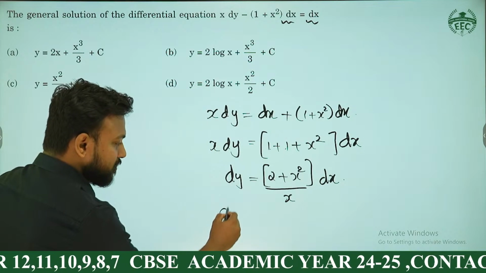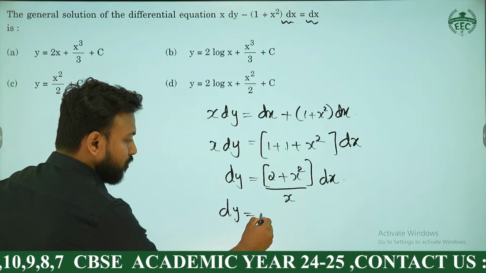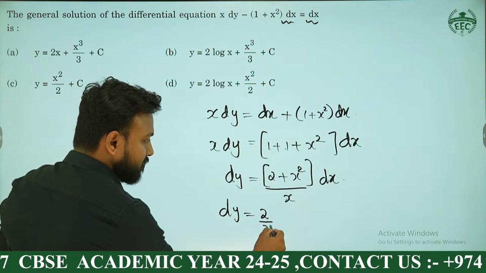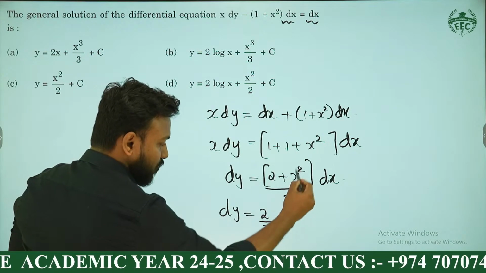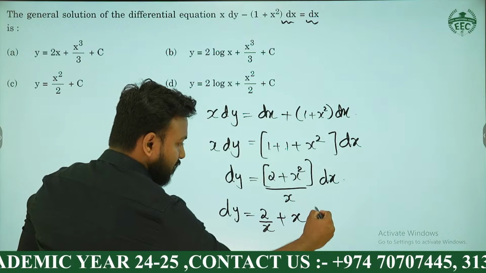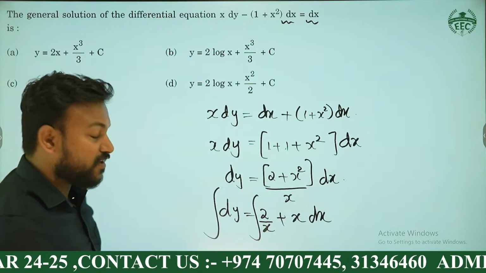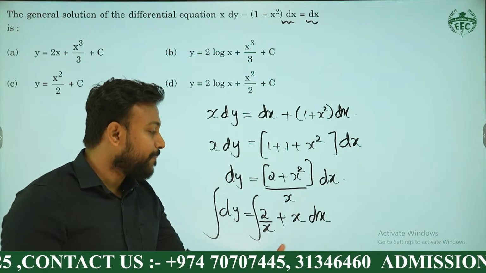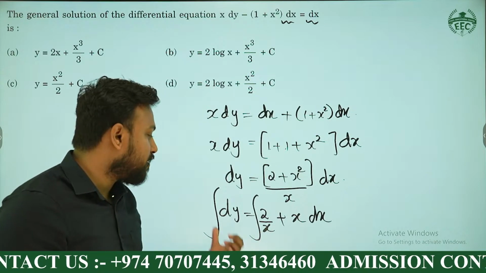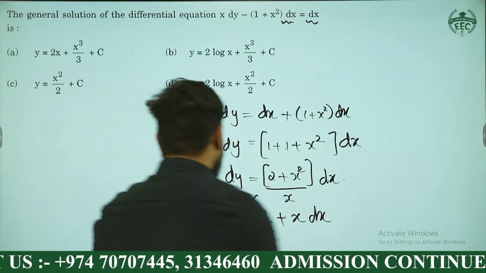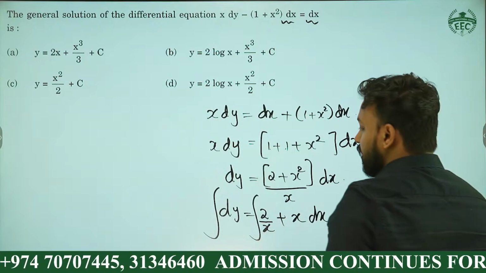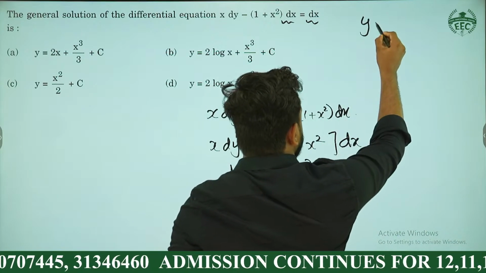So now you can see that dy will be equal to 2 by x plus x square by x, that is x dx. You can see I can integrate both sides. If you separated the variables, you can integrate both sides to get the function y. So what is integral dy? Integral dy is y.